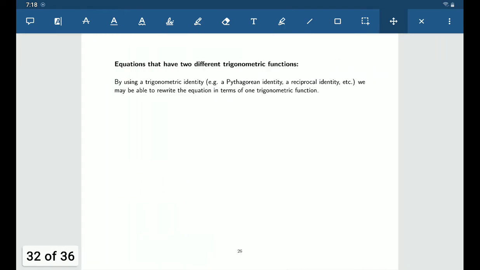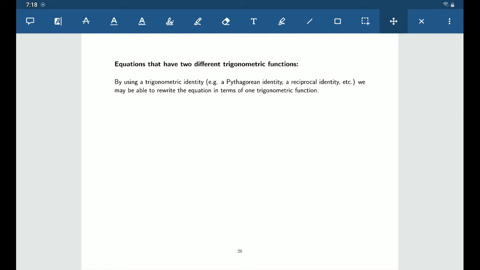Now, there's one last topic here, and that is equations where there's more than one trig function in it. Because up till now, we've seen equations where there was just one trig function, maybe just sine or just secant, or in the last question, there was sine and also sine squared. But what would we do if we had an equation that involved secants and tangents, or sine and tangent, or cotangent and secant?